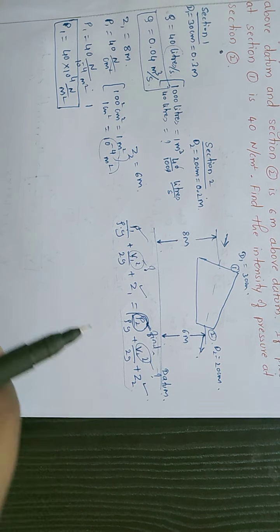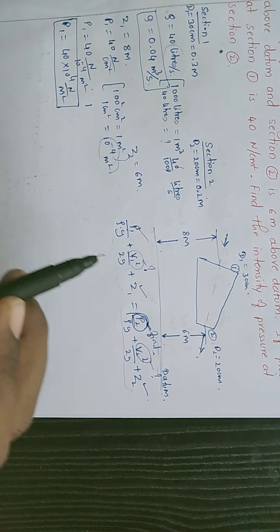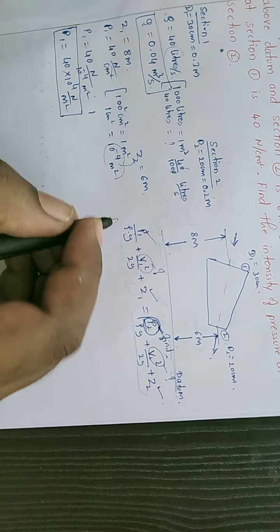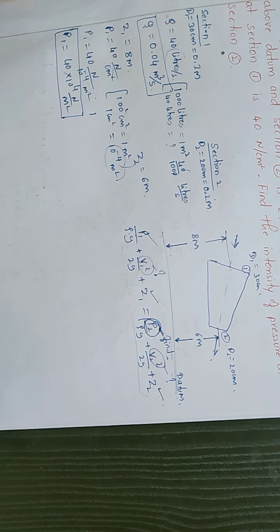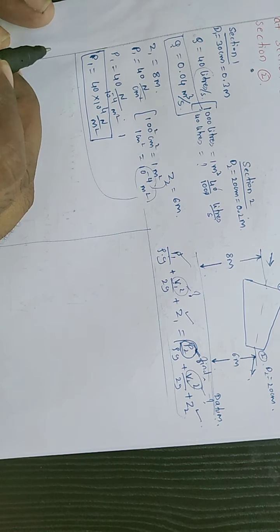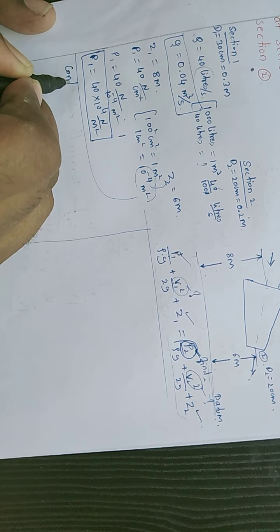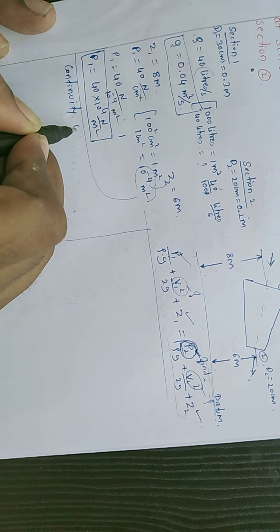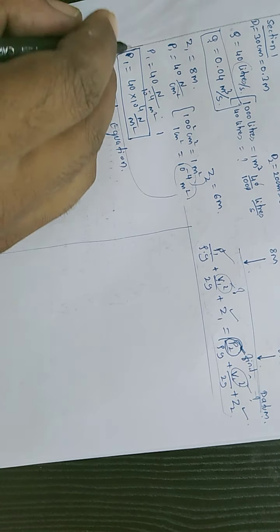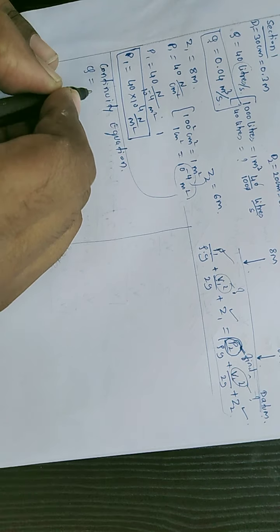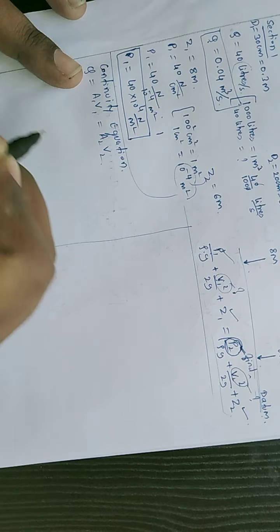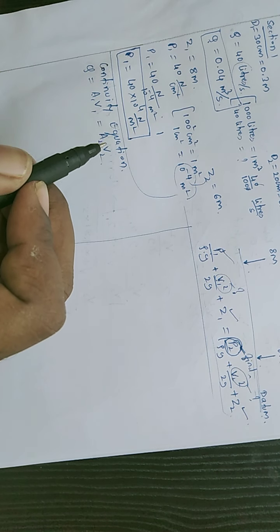So now how to find V1 and V2? To find that, he has given us the flow rate, and you know the continuity equation. What is the continuity equation? It is nothing but Q is equal to A1 V1 is equal to A2 V2, where A1 and A2 are cross section areas.